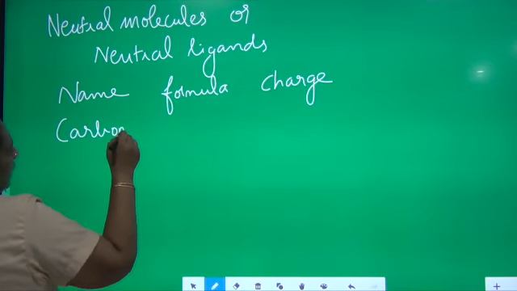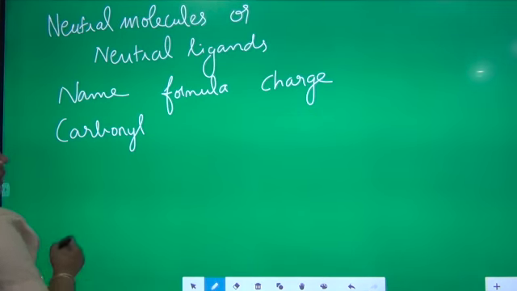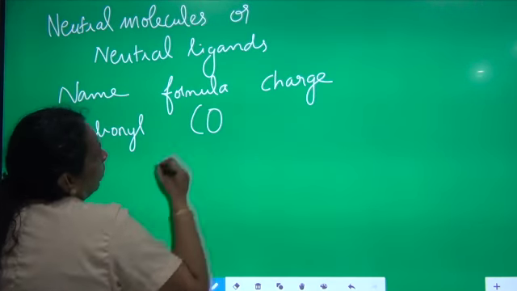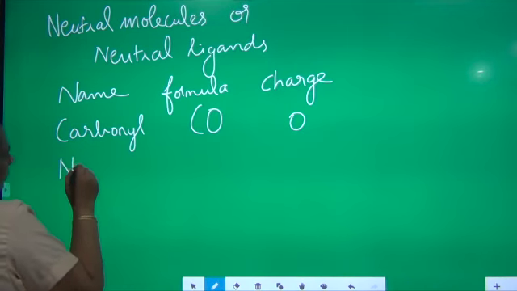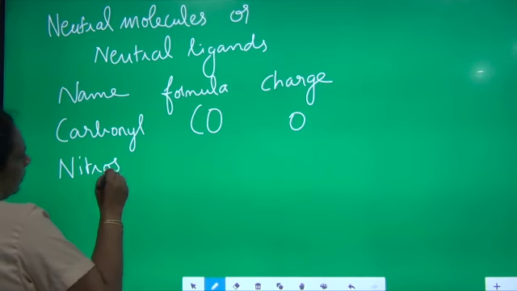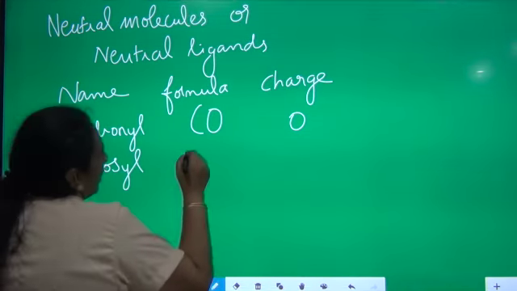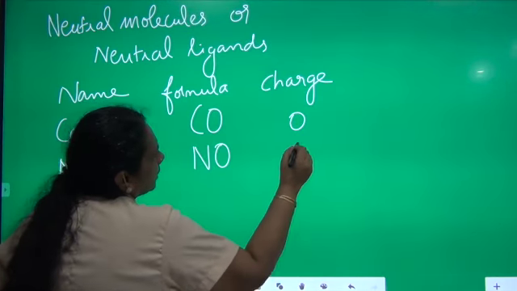The first one I am introducing is carbonyl. The formula is CO and the charge is 0. Nitrosyl. The formula is NO, charge is 0.